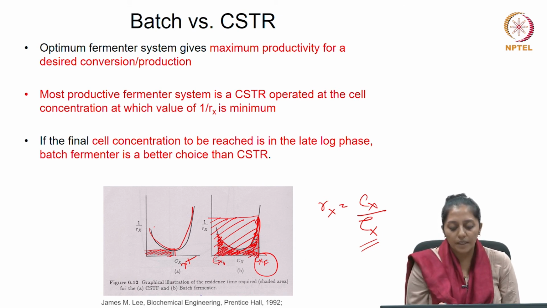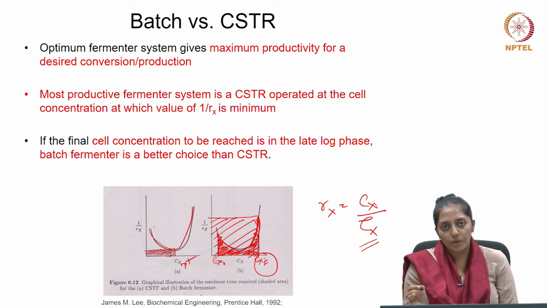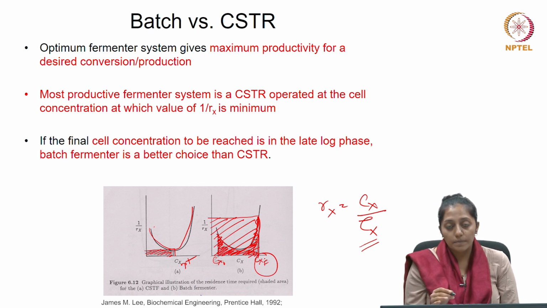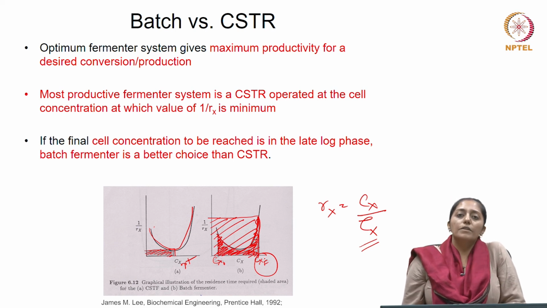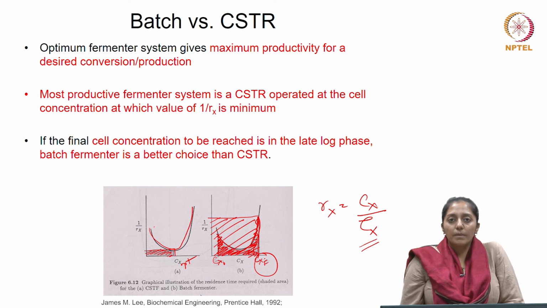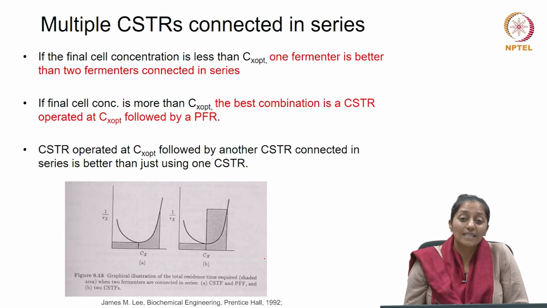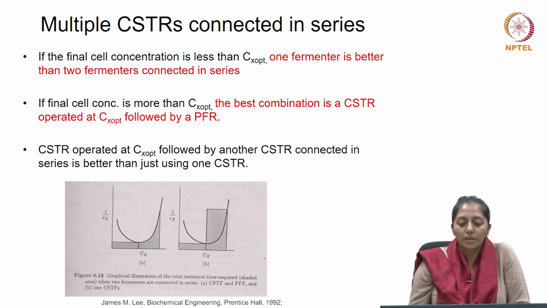So, your productivity, when the biomass concentration desired is towards the end of log phase, is higher when you run a batch fermenter than in a continuous reactor. Otherwise, continuous fermenters would be the optimum fermenters to run when the productivity to be achieved is maximum and your biomass there is your Cx optimum.